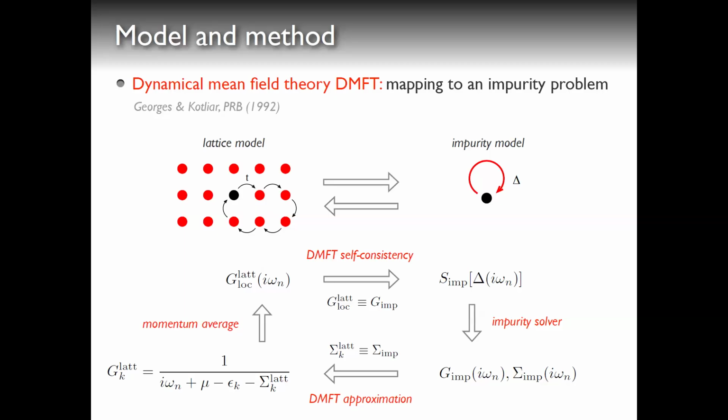And with this, we can then calculate the lattice Green's function and also the local lattice Green's function. And finally, we impose the self-consistency condition that the local lattice Green's function is the same as the impurity Green's function. And with this, we can extract a new hybridization function. And then we iterate this loop until convergence is reached.